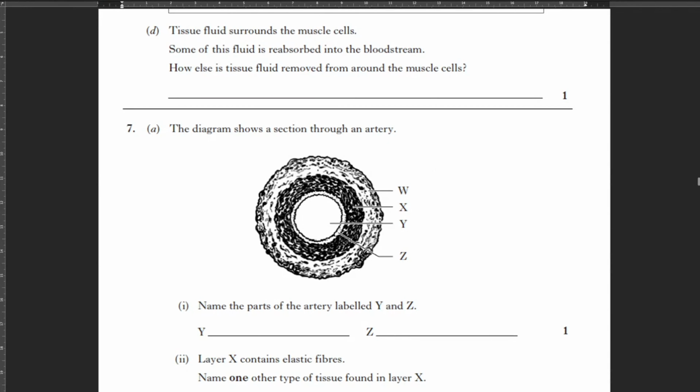Tissue fluid surrounds the muscle cells. Some of this fluid is reabsorbed into the bloodstream. How else is tissue fluid removed from around the muscle cells? Okay.